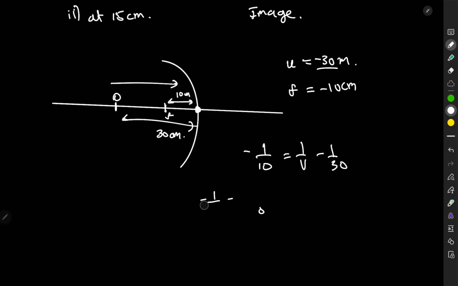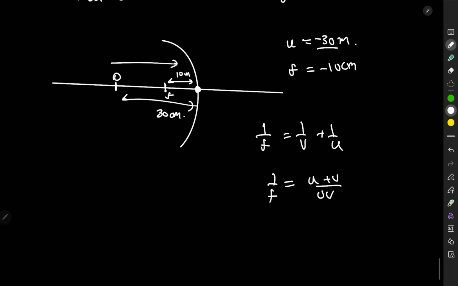Let me tell you the shortcut directly instead. It's 1 by f equals 1 by v plus 1 by u. If I multiply it, u plus v by uv is equal to 1 by f, right?